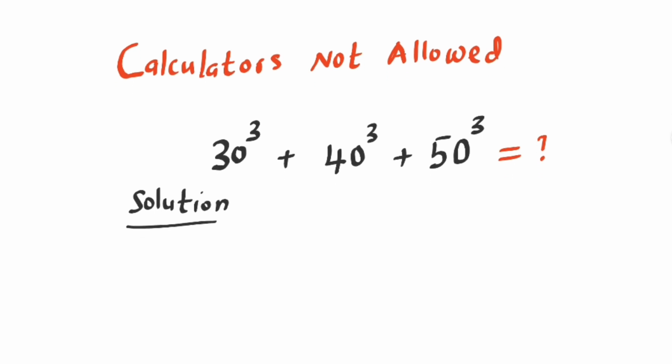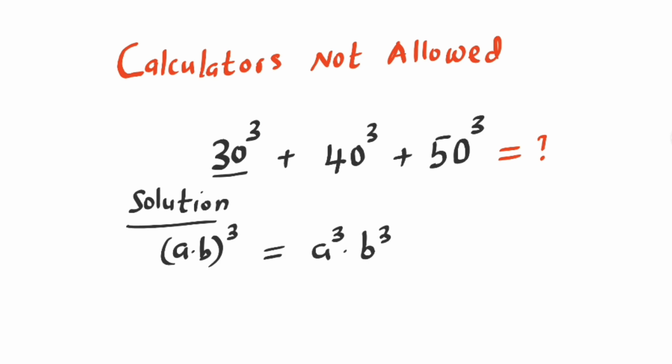Take note of this, that if you have a multiplied by b all raised to power 3, this is equal to a raised to power 3 multiplied by b raised to power 3.